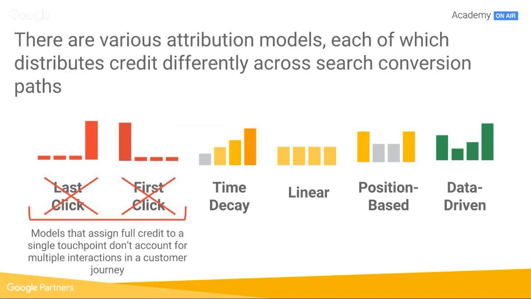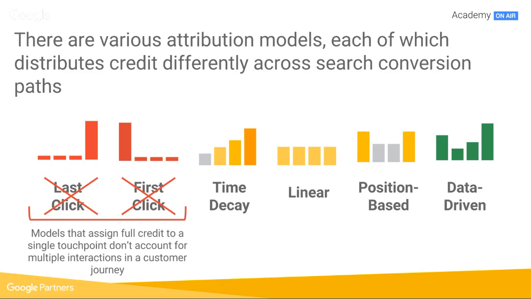So therefore, we recommend everything that is not last or first click. Data-driven is obviously the best model of all of them because for data-driven, we can do A/B testing. We don't have to make an assumption that your customer's interaction and purchasing behavior is like cold calling, where the first and the last interaction are equally hard to get, or time decay, where everything closer to the point of purchase becomes more and more important, or linear, where we just distribute across all the campaigns.